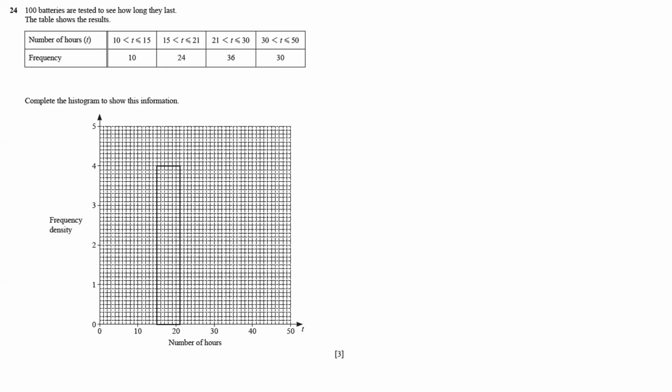Question number 24. 100 batteries are tested to see how long they last. The table shows the result. Complete the histogram to show this information. We are given the number of hours and frequency. This graph shows us number of hours and frequency density.